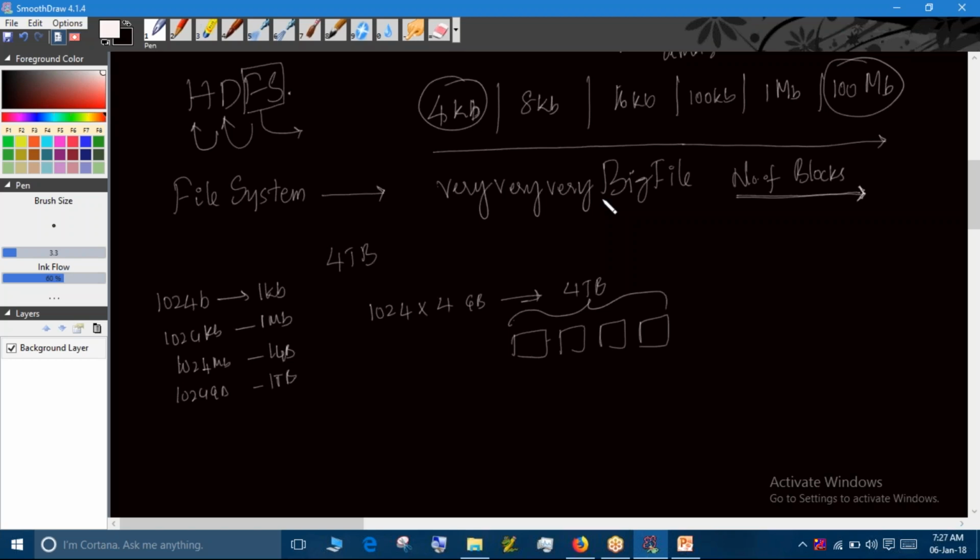When the number of blocks increases, manageability is going to be a challenge for me. If I go for a 100 MB block storage, it is a simple thing, right? You have 25 people working under you, then 250, then 2500 people working under you. How difficult it is going to be to manage.